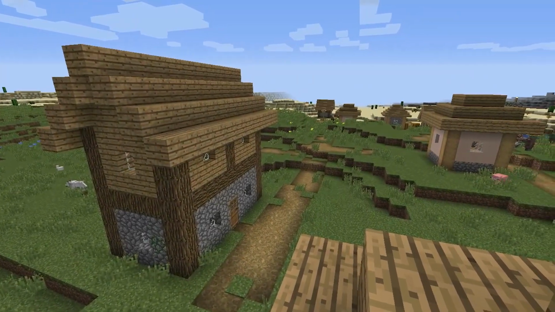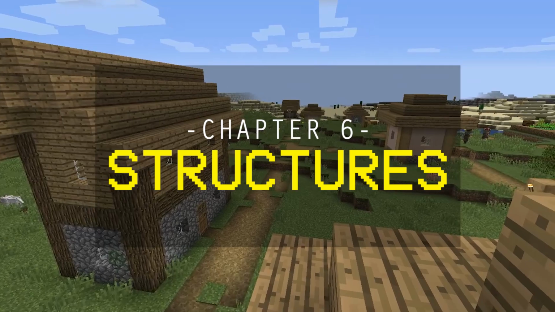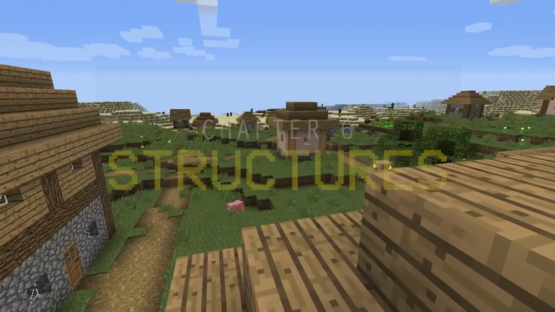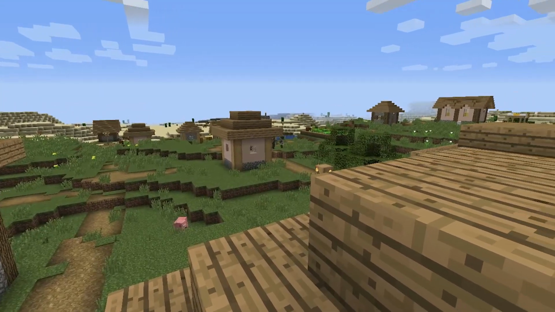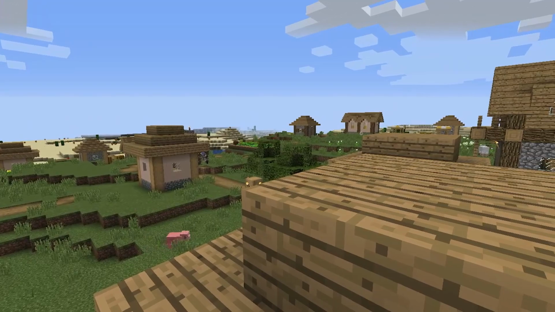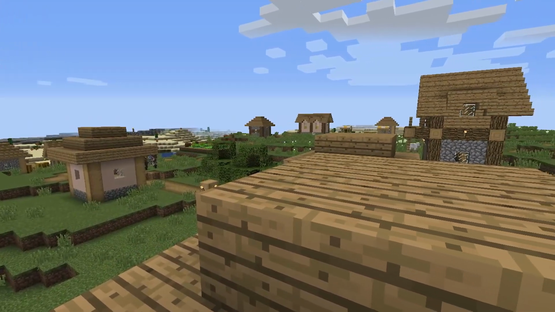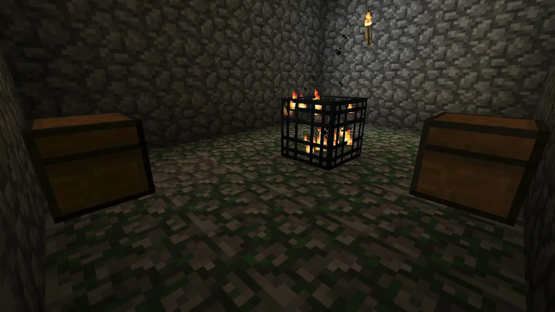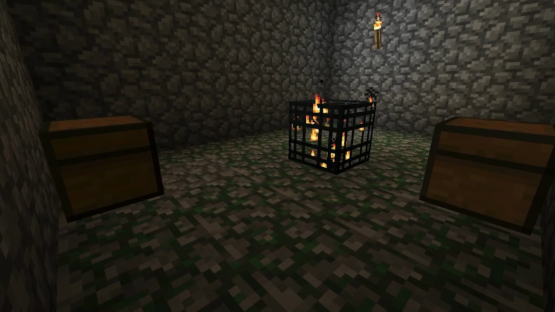You may or may not have known, but your world's structures are randomly placed in much the same way every other naturally occurring feature is. And just like all other terrain features, these structures have seen their own fair share of changes over the past decade. Interestingly, the very first structure, if you don't count obsidian walls, brick pyramids, and the InDev house, was the humble dungeon, implemented all the way back in InfDev.